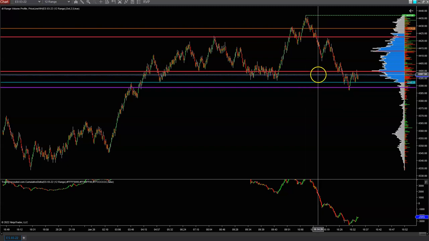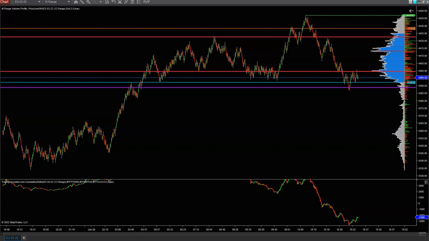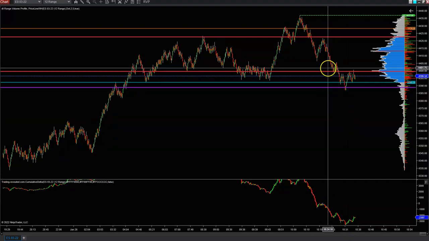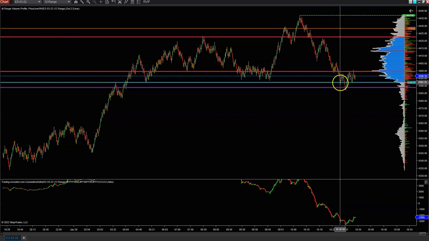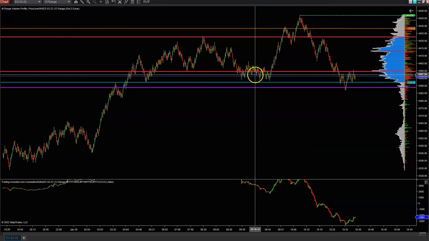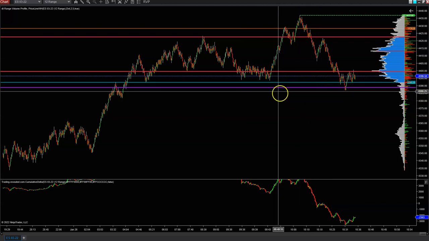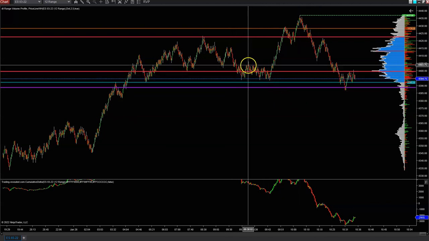It's bouncing off of resistance right here, this high volume area, so be careful. This swing here was a swing and it pushed lower. It took out this area right here, so it took the lows out of this swing. We'll probably start pushing to the upside.